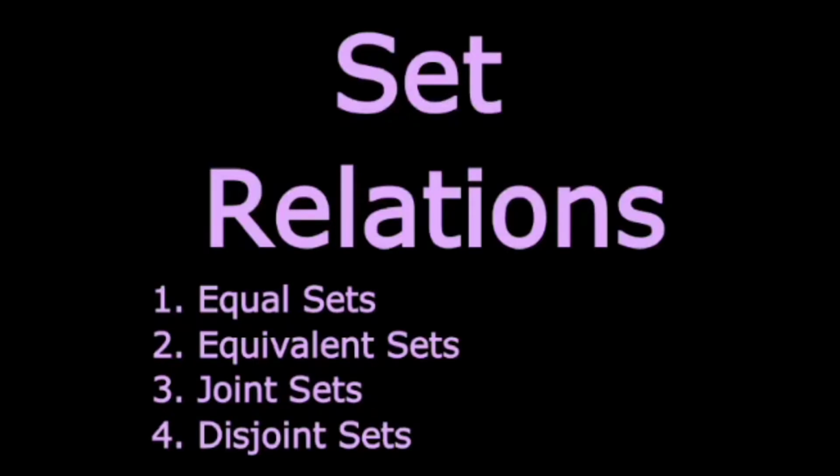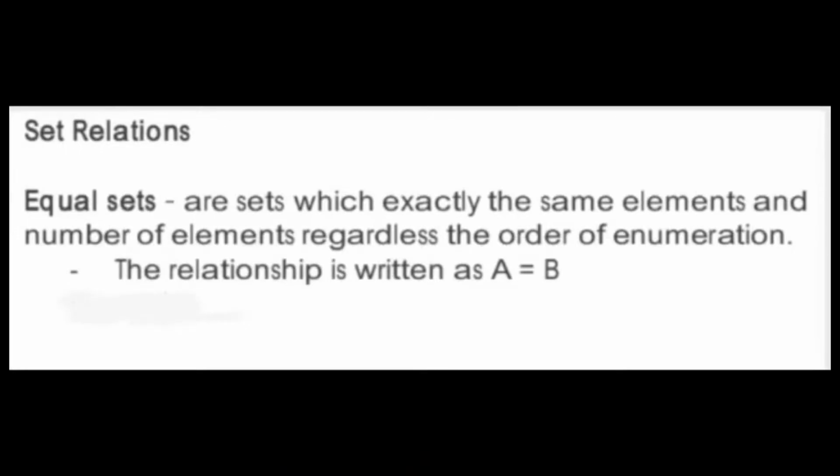So sa discussion natin ngayon, how can we determine whether the relation of the two sets are equal, equivalent, joint, or disjoint? So first, meron tayong tinatawag na equal sets. So how can we say that the two sets are equal?